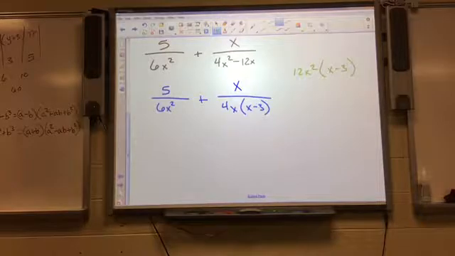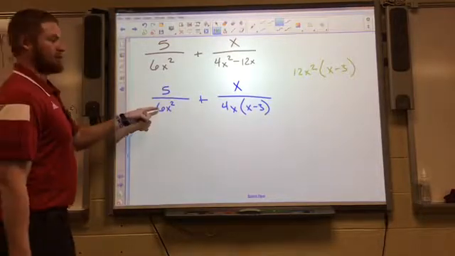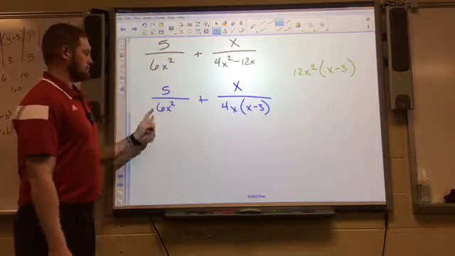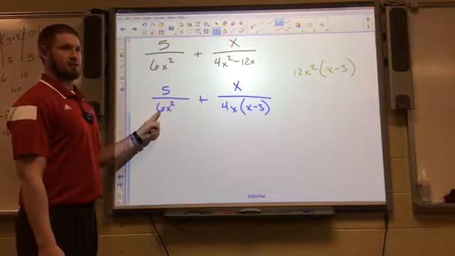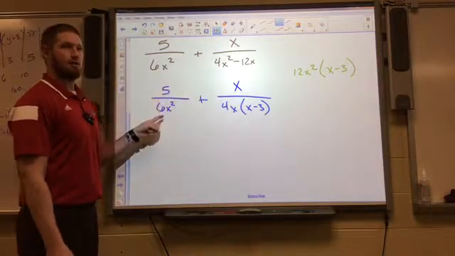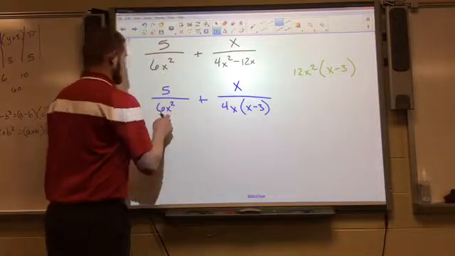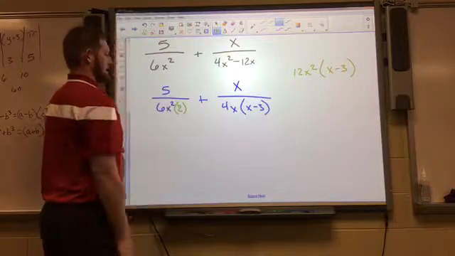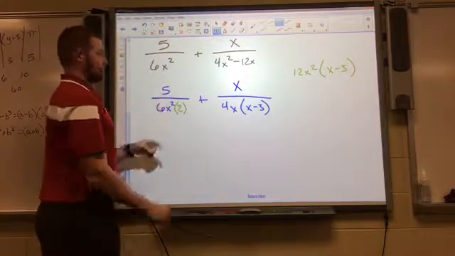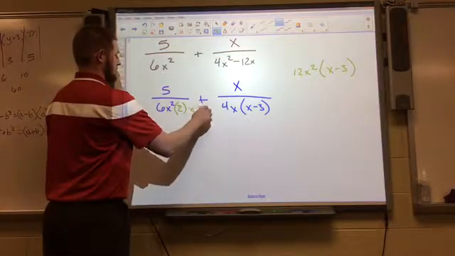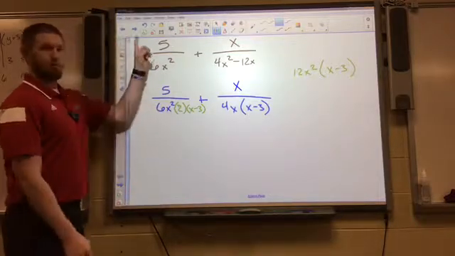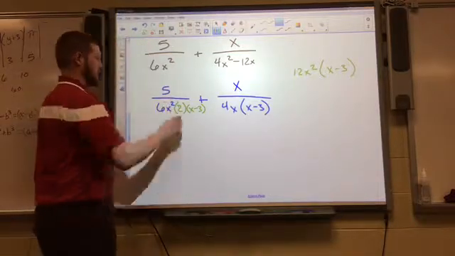So I have to look at this. What do I need over here to get that denominator? Well, to get the 6x squared to a 12x squared, I need just a 2. And I need my x minus 3. But if I did it to the bottom, just like when we did a regular fraction, I got to do it to the top.